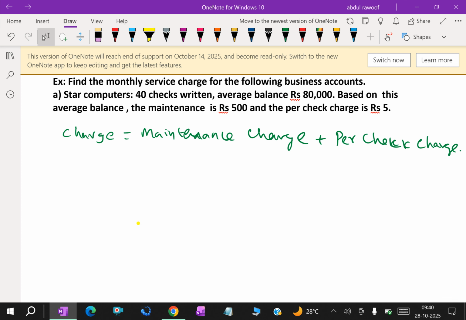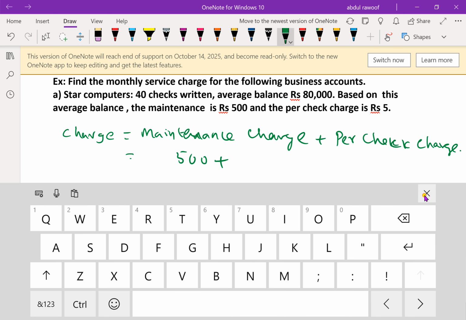Here, first the maintenance charge is 500 rupees and the per check charge is 5. There are 40 checks.